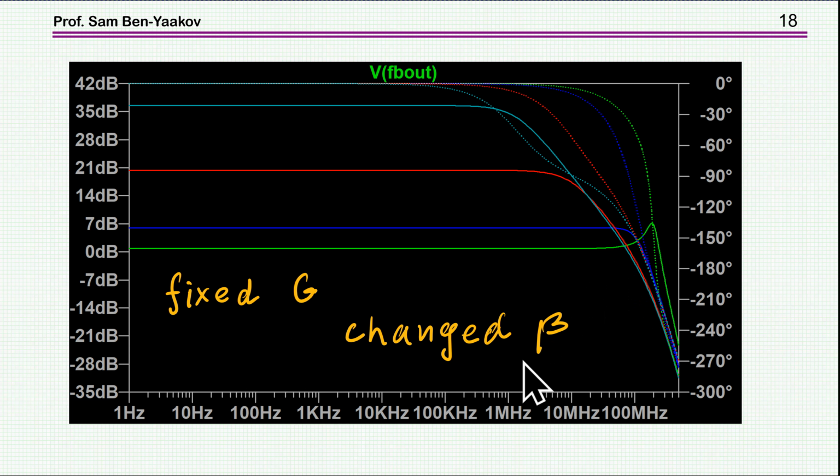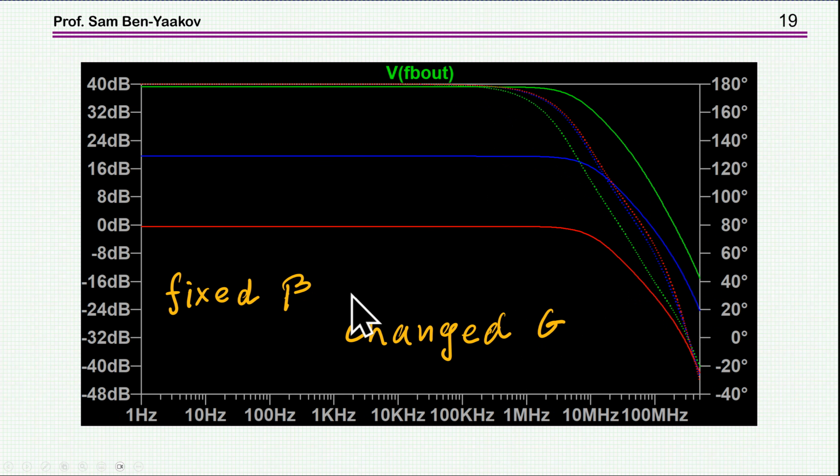So we can clearly see that beta, being a feedback path, is changing the bandwidth. And now here's the case, which is kind of surprising in fact, that you can fix beta, that is fix the bandwidth, and then change G to change the gain. So we see here that the gain is changing while the bandwidth is about constant.